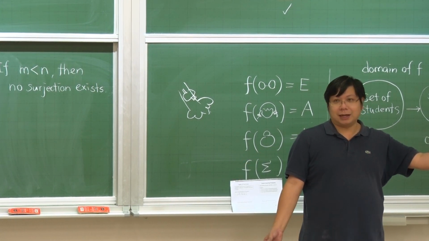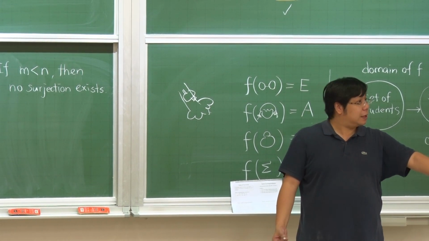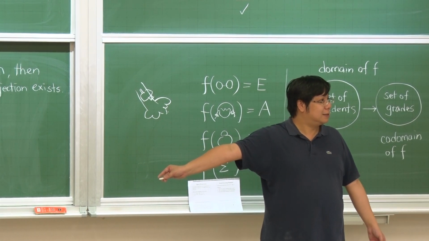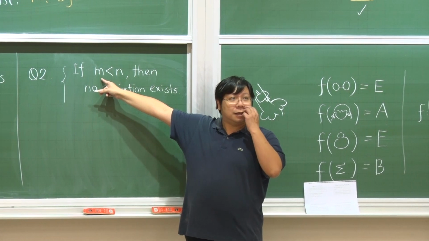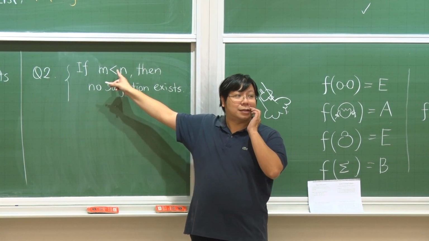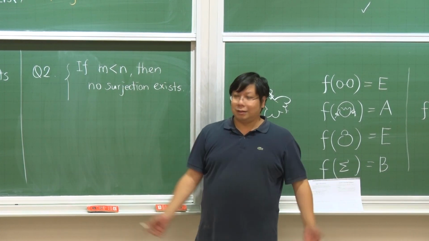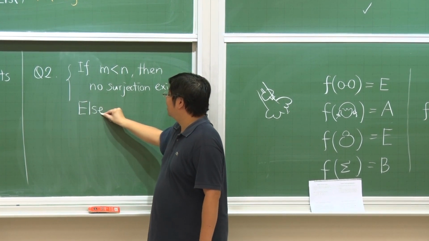Because one thing from A covers one thing in B. If the size of A is strictly smaller than the size of B, then you cannot cover. Otherwise, this is a difficult problem.